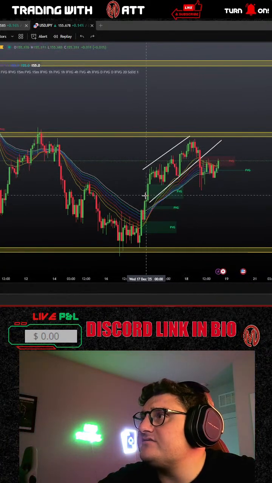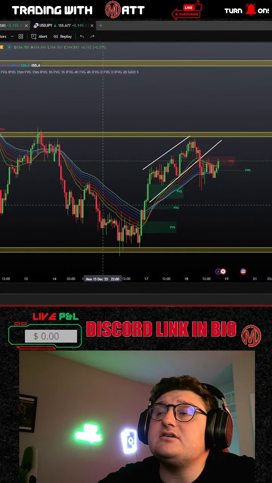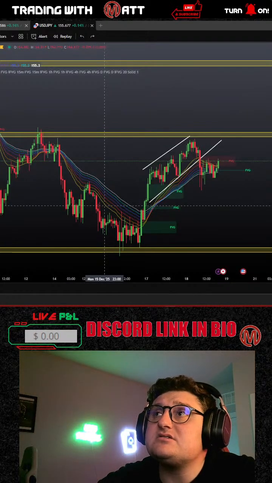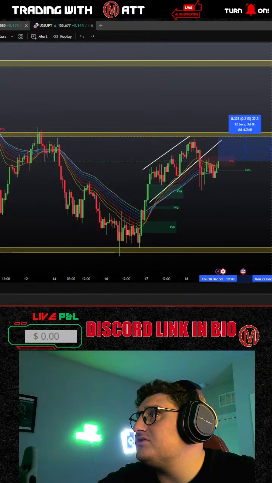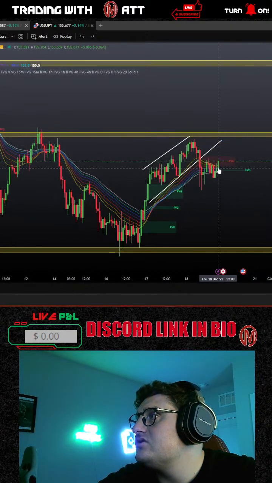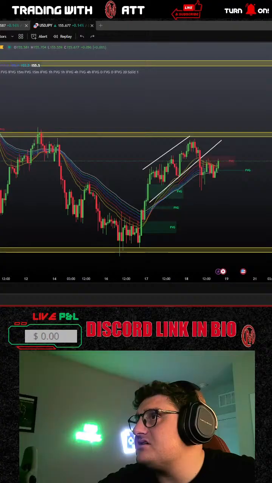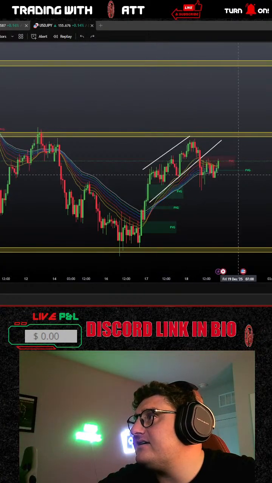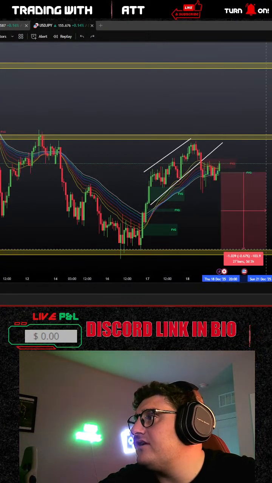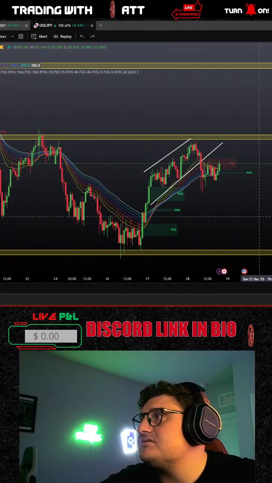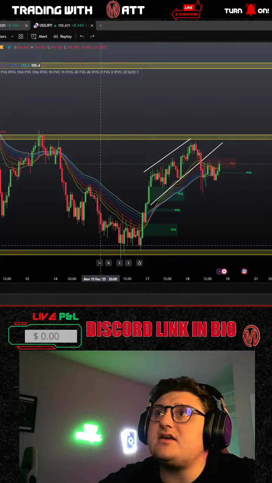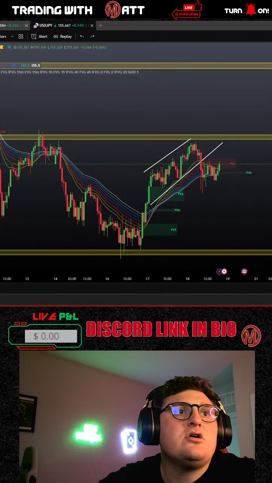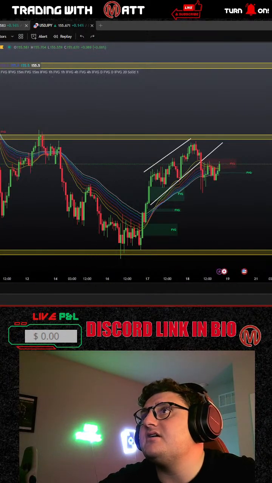But we did have a break of structure, so we could expect to see some sort of move to finish the zone up, which would be about 32 pips. Or we could see it reject the zone. And in that case, we can look for it to fill down this way for 100 plus pips. Again, there's not enough information here for us to make an educated decision on whether we would get into this or not.